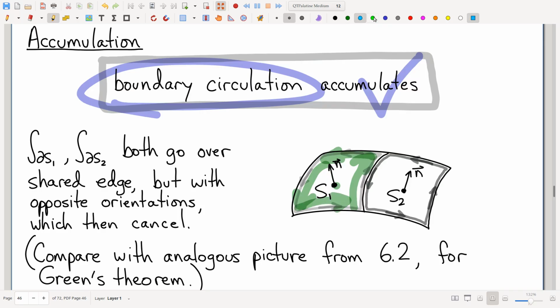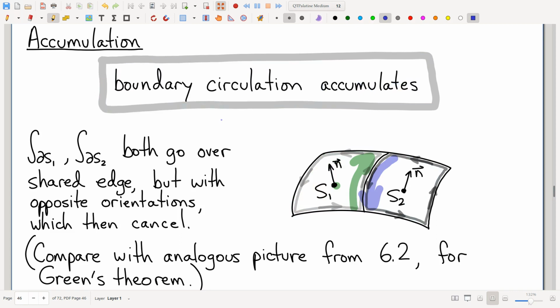And then you look at the other side, oriented as indicated, and again with the thumb and the fingers and the swirl, and that's going to give a boundary orientation oriented like this. And again, the only thing that is in question as to whether the whole is the sum of the parts is this cut edge here.